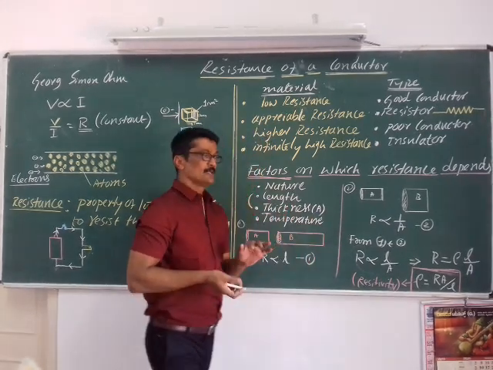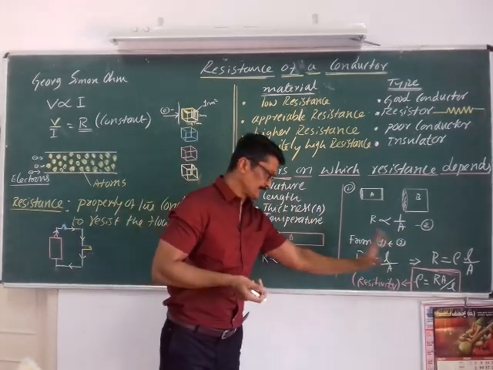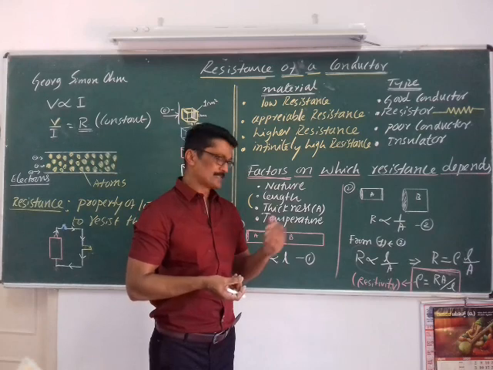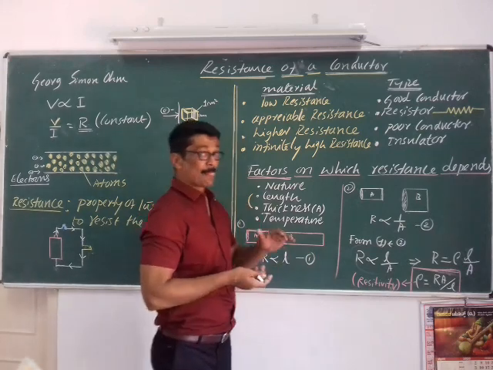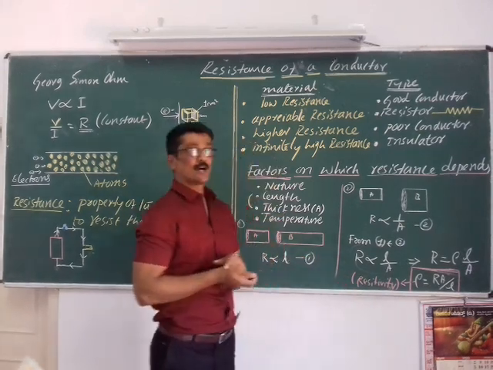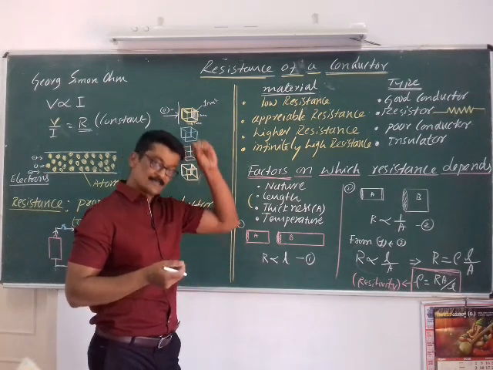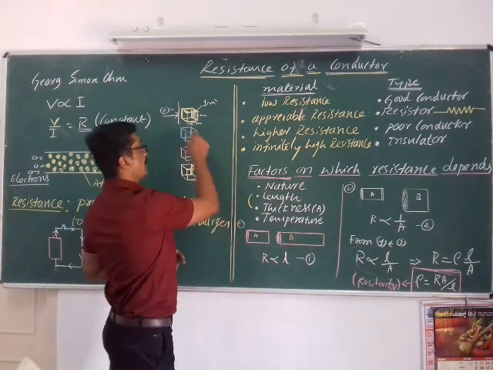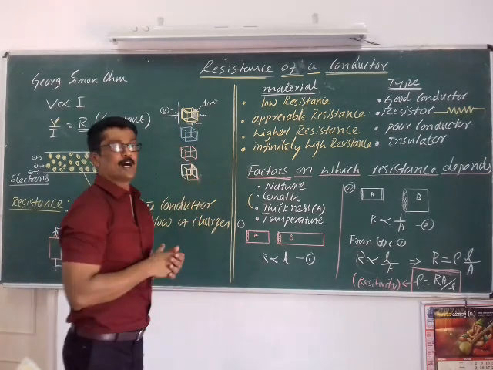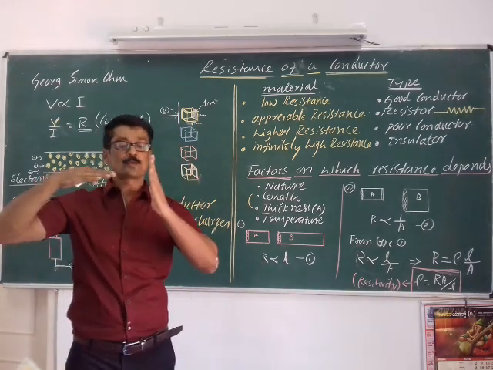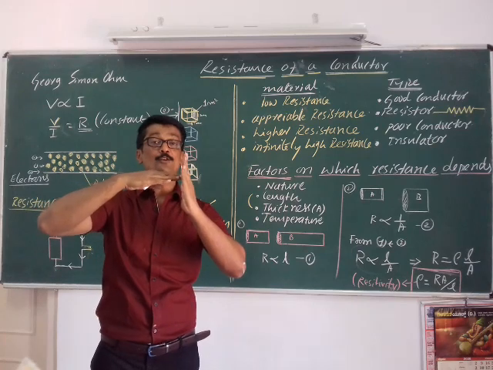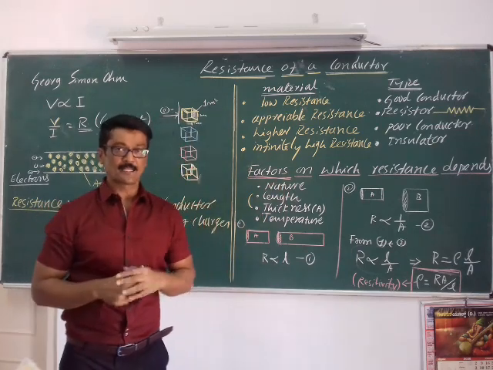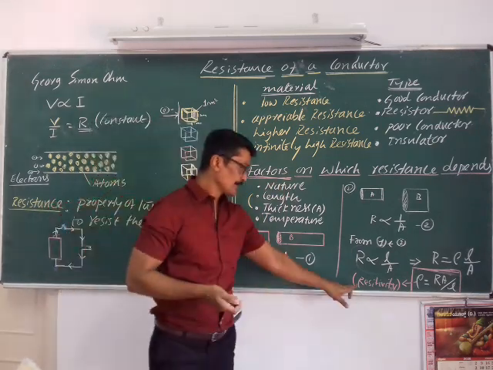Resistivity is similar to resistance only. Resistivity of a material is the resistance offered by a conductor of unit length and unit area of cross section when the electrons are flowing perpendicular to the surface. I repeat the same once again.